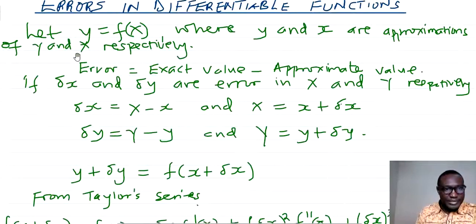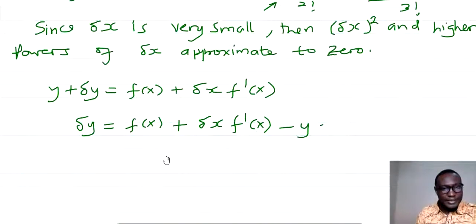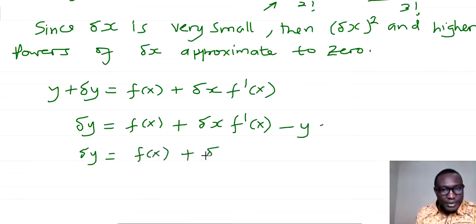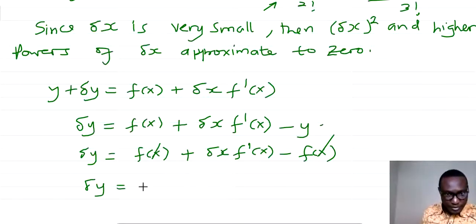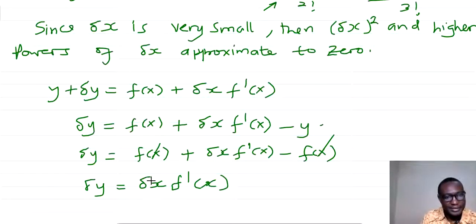But we said that y is equal to f(x), so where there is y in this equation, I'm going to put f(x). So delta y is equal to f(x) plus delta x f'(x) minus f(x). Now f(x) and f(x) vanish and we remain with delta y being equal to delta x f'(x). From here, this is the error in y in a differentiable function y.